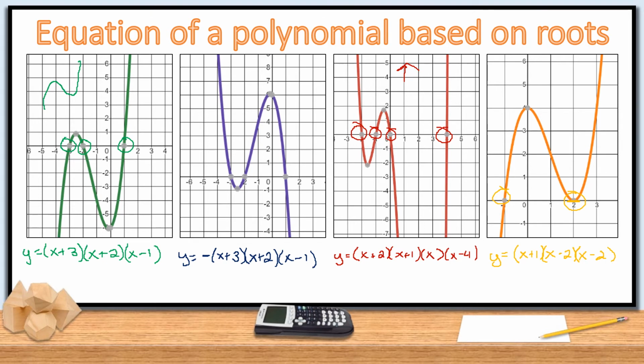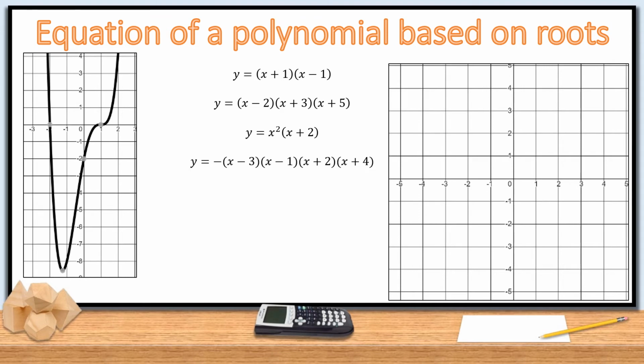So when you see the graph come down and be tangent to the axis, there are 2 factors there. So just keep an eye out on that. So this one has x plus 1, x minus 2, and x minus 2, or you could write x plus 1 and x minus 2 squared. Either of those, they're the exact same thing. So just keep an eye out for that.